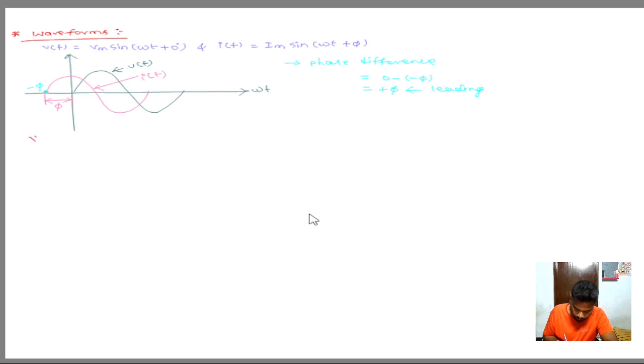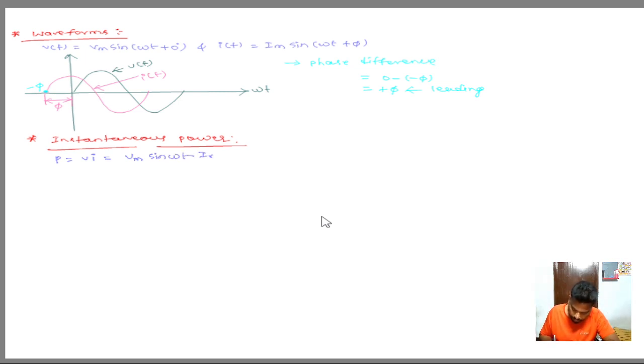Instantaneous power is the same as in RL series. P is equal to V into I, and V is nothing but Vm sine omega t.